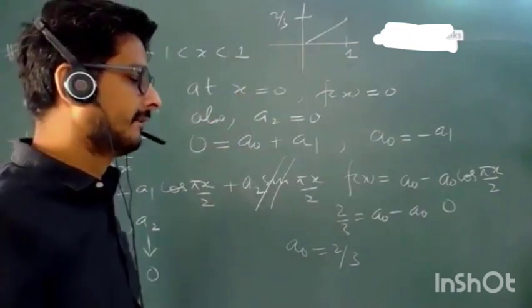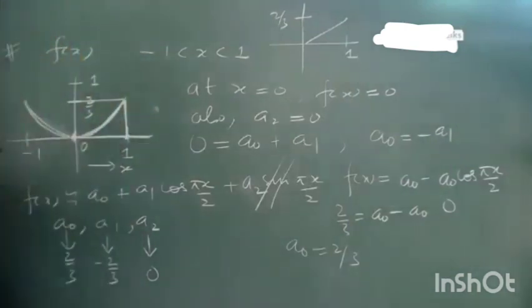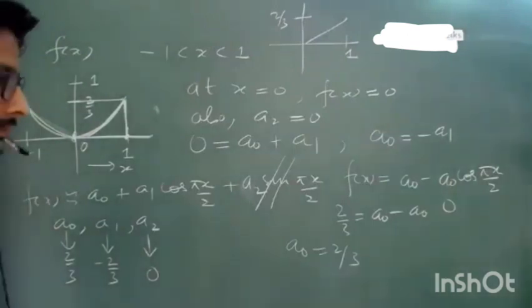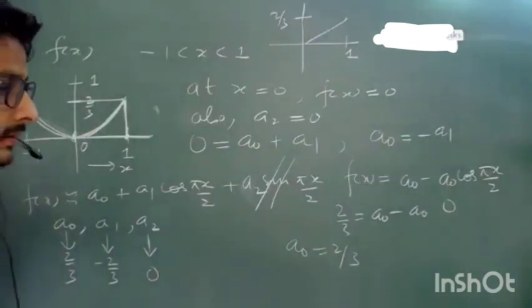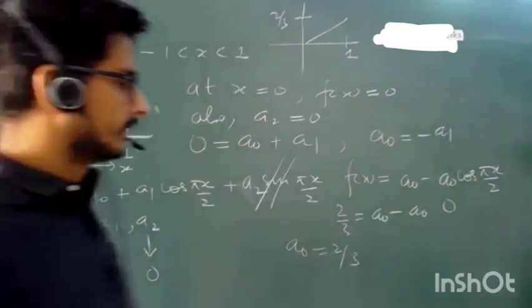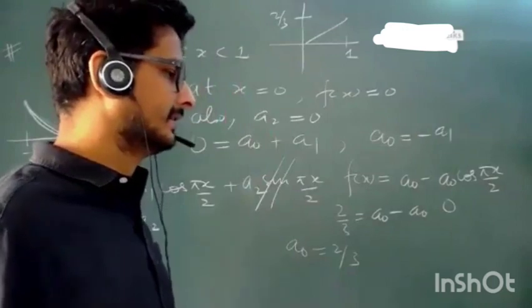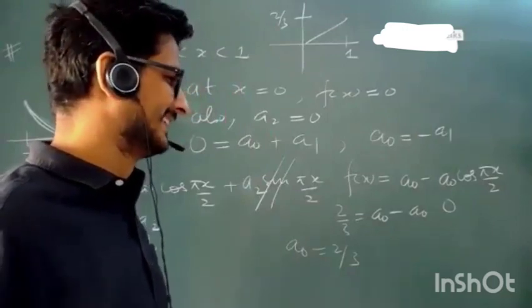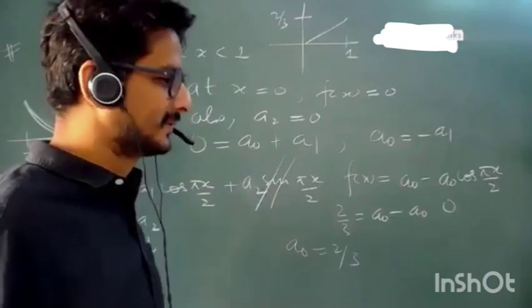Tell me quickly. At 0 it is 0, and at 1 its value is 2/3. Okay. a0 minus a0 equals 2/3, so then how is a0 equal to 2/3, sir? This step. Yes sir. This is very high standard mathematics, which cannot be solved so easily.